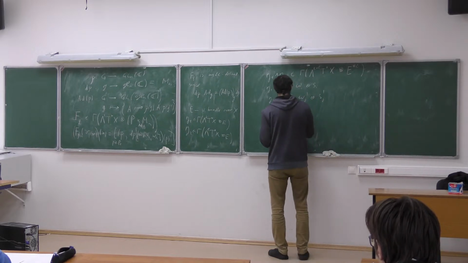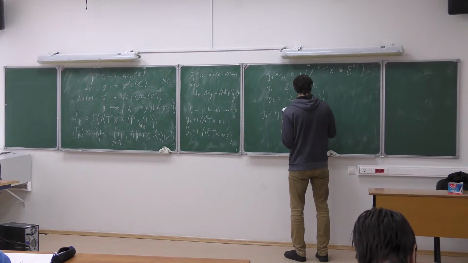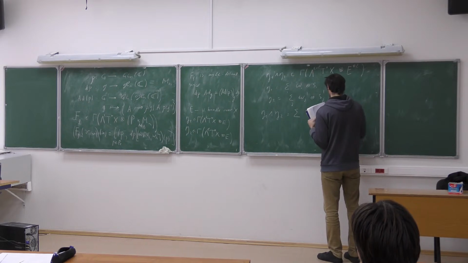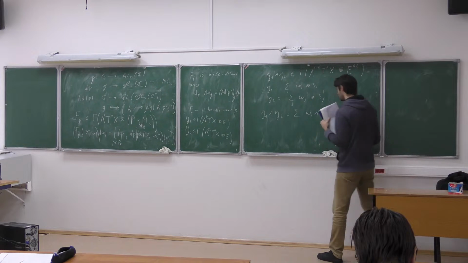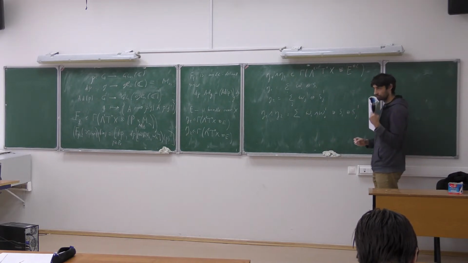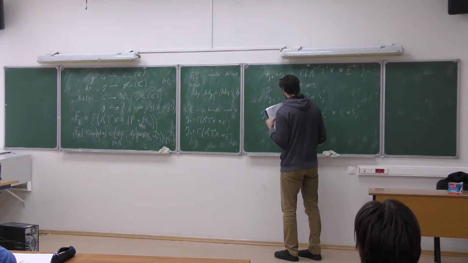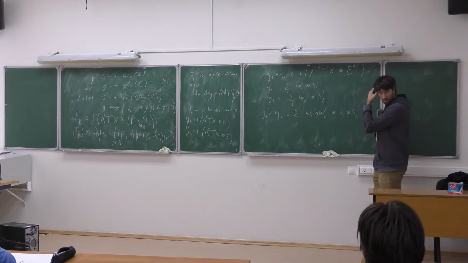It is the sum of omega I wedge omega J prime tensor s I tensor s J prime, the sum over I and J. So this is my definition.